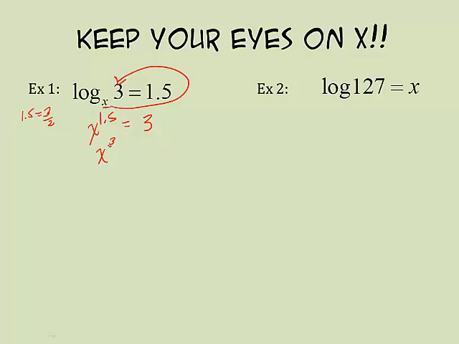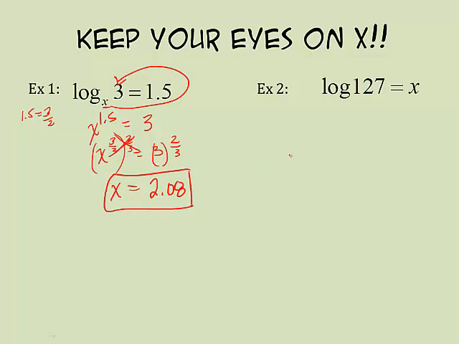So if I write it as 3 halves, remember we said if x is in the base, I need to multiply by the reciprocal power. So flip that 3 halves over to 2/3. This becomes 1, so x to the first power, and I put in my calculator 3 to the 2/3 power, and I get 2.08. Right?